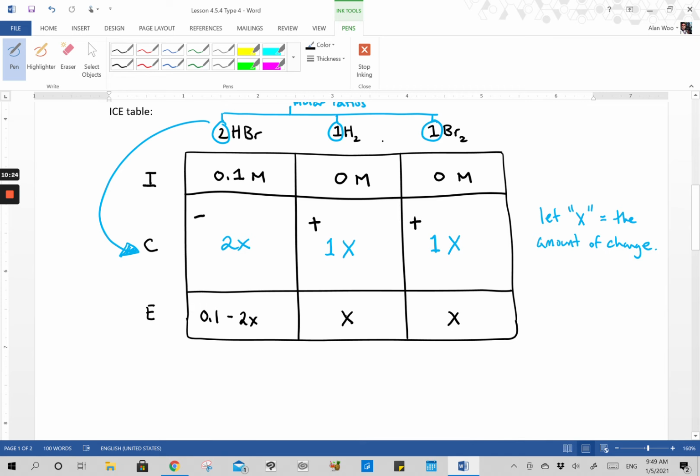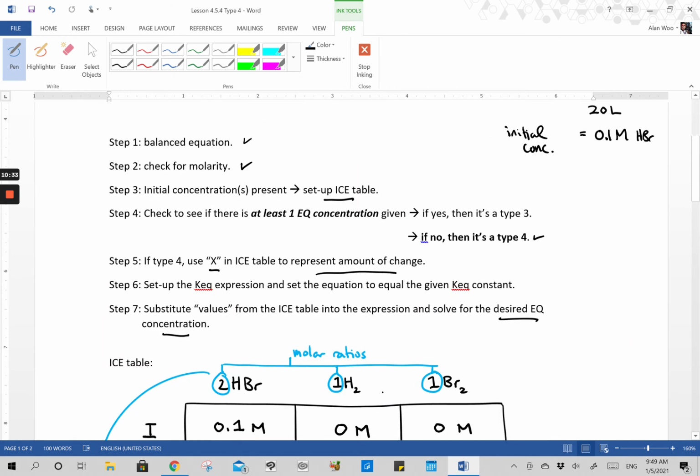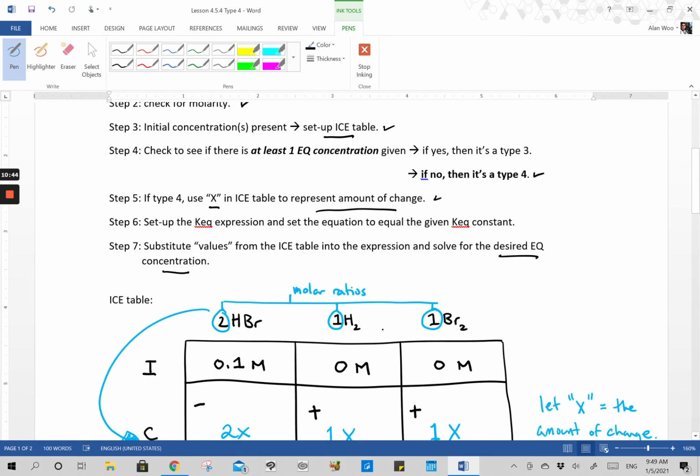But what we have done is finish completing the ICE table as much as possible. So we are basically just finished step 5, and we move on to step 6. Set up the equilibrium expression and then set the equation equal to the KEQ constant.